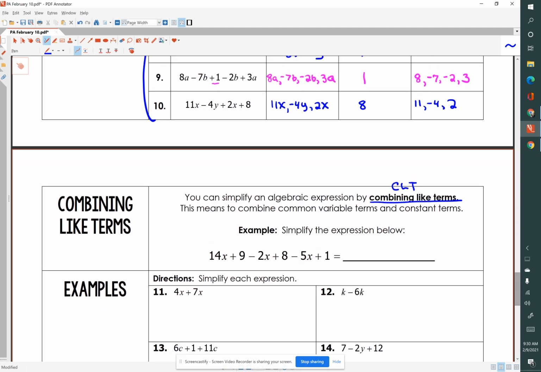So this means that you need to combine those common variable terms and common constant terms. You cannot combine like terms if they have a different variable. They're not like terms. So 2x plus 2y cannot be combined.